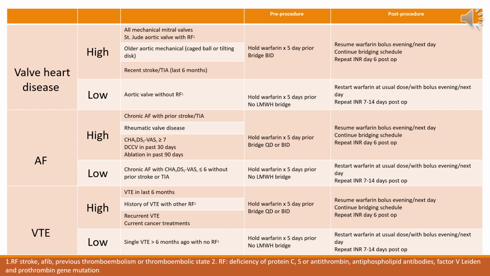Those risk factors are deficiency in protein C, protein S, or antithrombin, antiphospholipid antibodies, or factor V Leiden. And finally, if the patient has had recurrent VTEs or has cancer treatments currently due to the increased risk of thrombus.